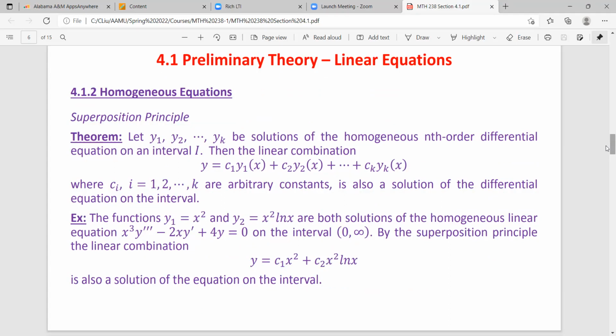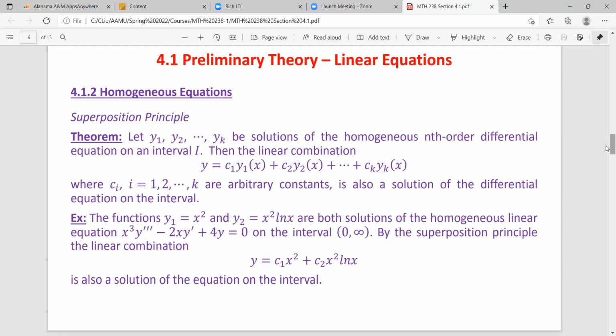It says if you have k solutions of the homogeneous nth order differential equation, then any linear combination of those solutions will also be a solution to the equation.